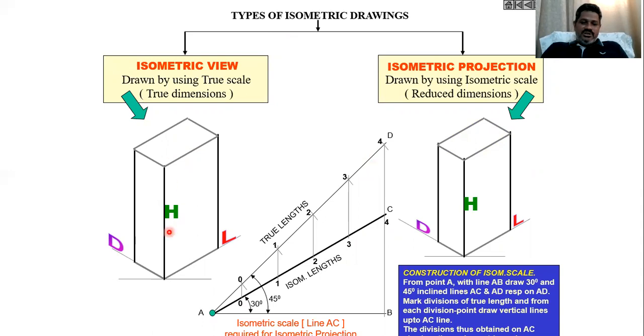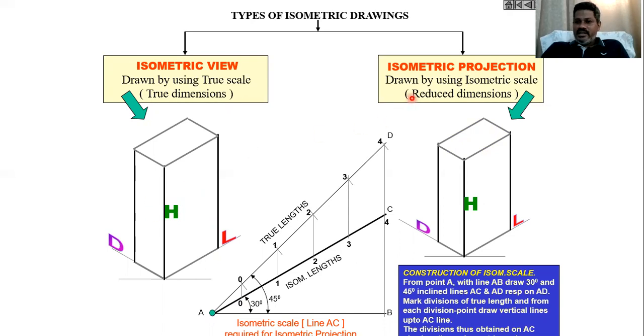So you can observe one figure here. This represents one three-dimensional figure. This is the isometric view. That means on this figure, we need to assume that the dimensions are the true dimensions. Whenever the component or the drawing is specified as isometric view, the dimensions are the true dimensions, which we need to note in our mind.